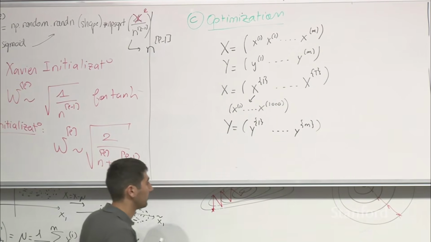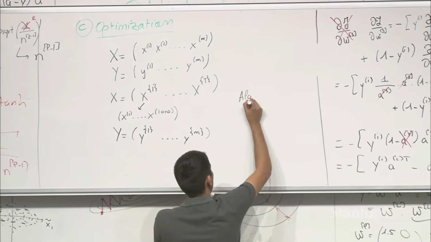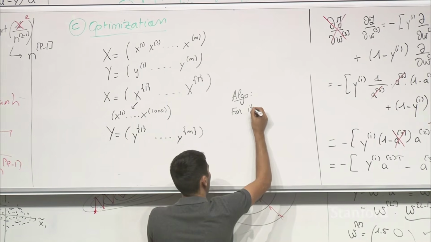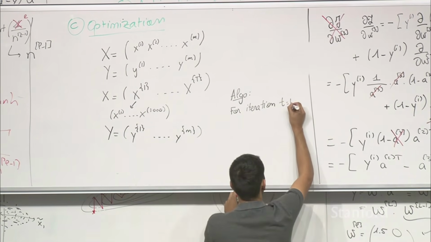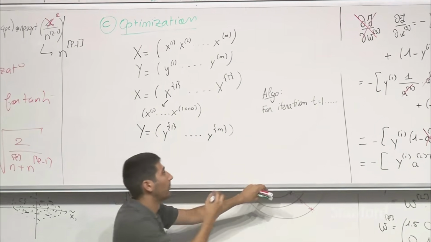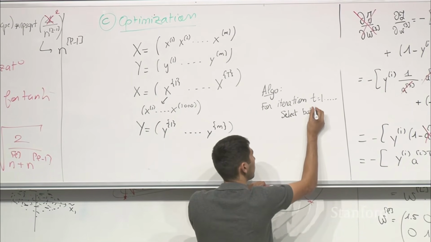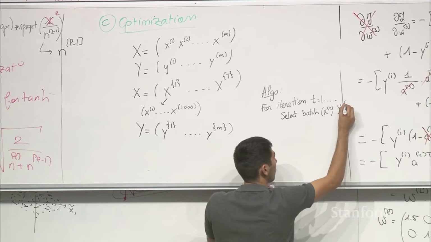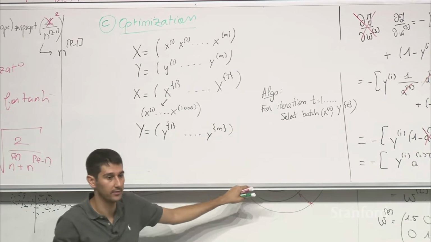So in terms of algorithm, how does the mini-batch gradient descent algorithm work? We're going to iterate. So for iteration t from 1 to however many iterations you want to do, we're going to select a batch X{t}, Y{t}.